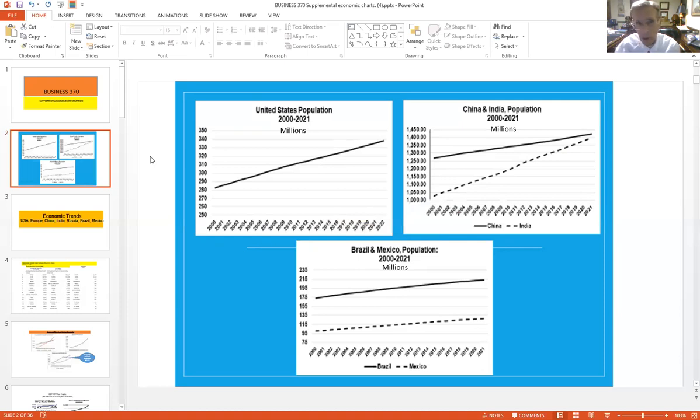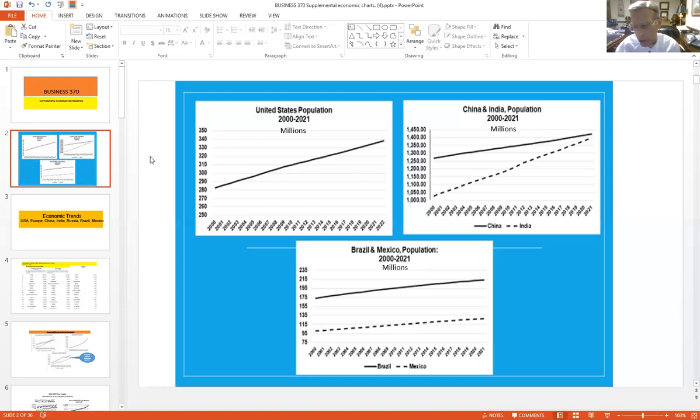The one-child policy, incidentally, was discontinued about 3 years ago because it now has been recognized that China's population will decline. Probably it'll start to decline by around 2020, 25.